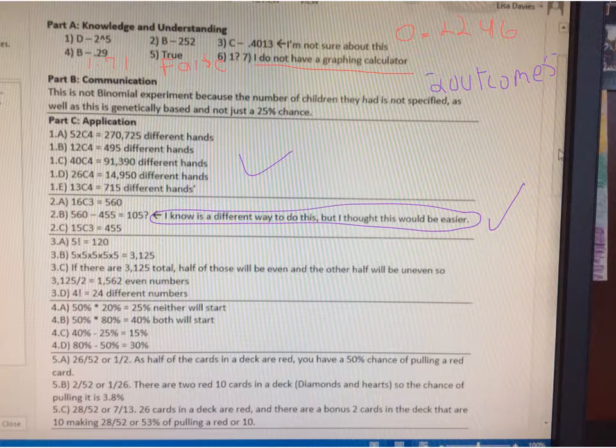For question 4, you started off great, and then question 4C, a little bit of trouble here. You want to add those probabilities because that's an or statement. So this should be a plus in here, not a minus. And for 4D, what you want to do there is it's asking for exactly 1.